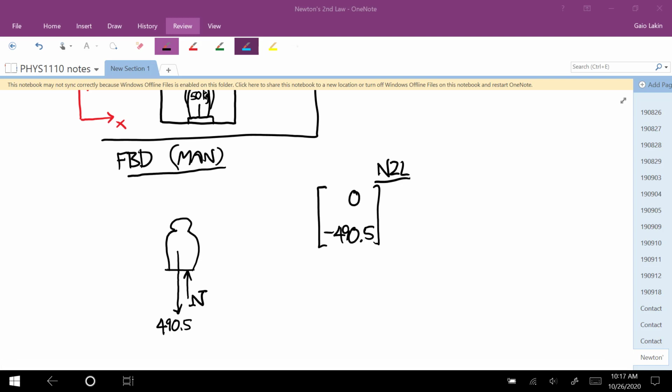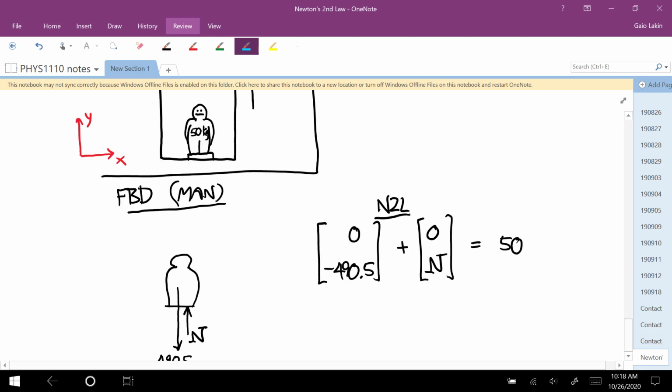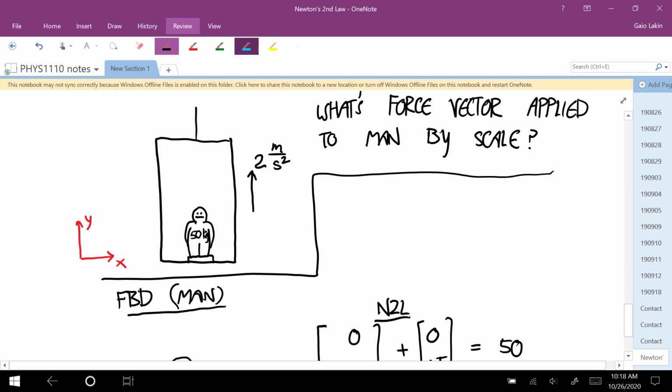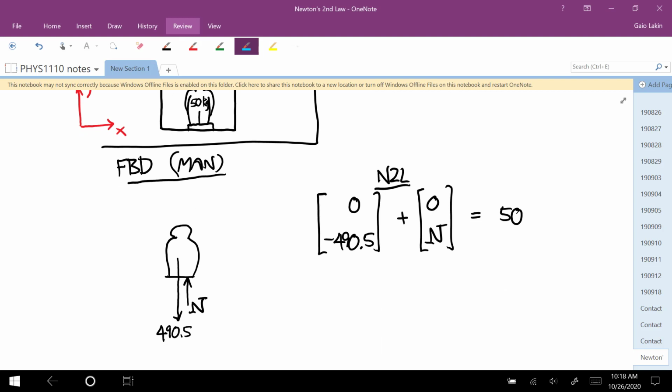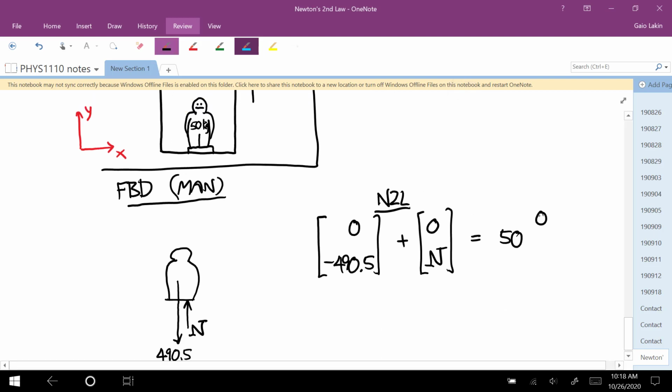The normal force is in the positive y direction, so that's 0, n. And these forces add up to the mass of the man times the acceleration. Okay, what do we know about the acceleration in this case? Well, the acceleration is up with a magnitude of 2 meters per second squared. Up is the positive y direction. So that's going to be 0 for an x component, 2 for a y component.